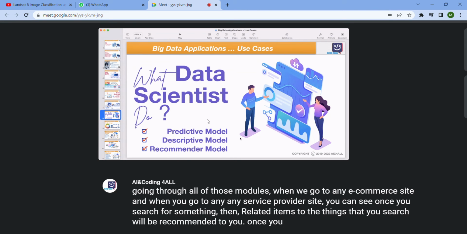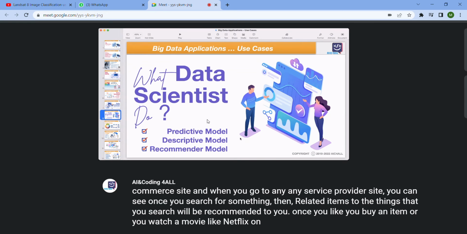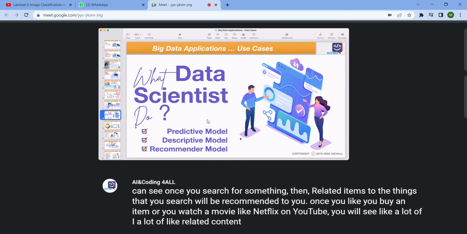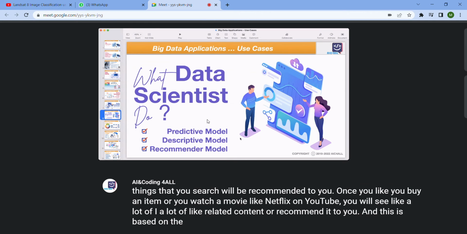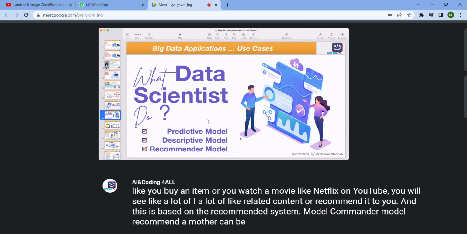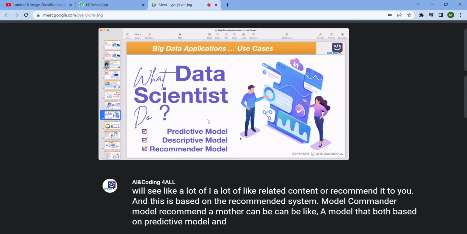Once you buy an item or watch a movie on Netflix or YouTube, a lot of related content will be recommended to you. This is based on the recommender model.